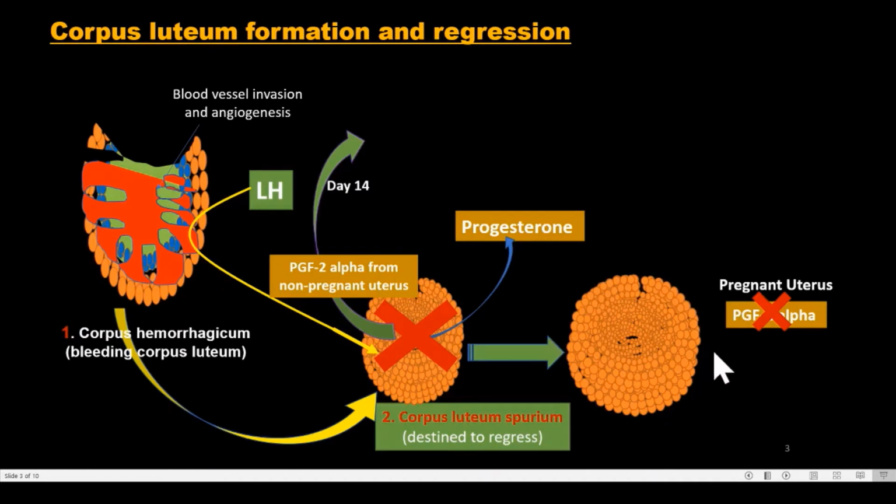Therefore the corpus luteum will remain if the animal is pregnant. The corpus luteum in a pregnant animal is known as corpus luteum verum, and it remains throughout the pregnancy in most animals, except a few.